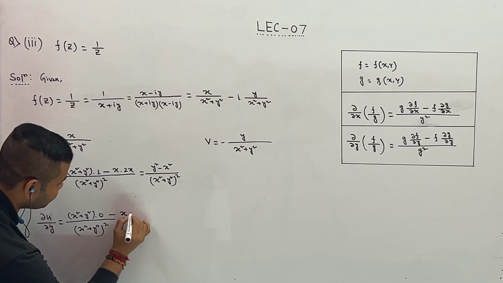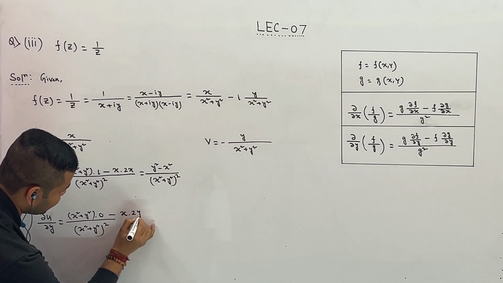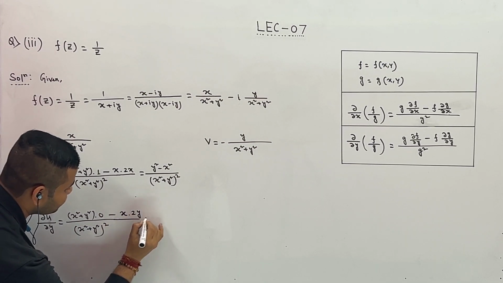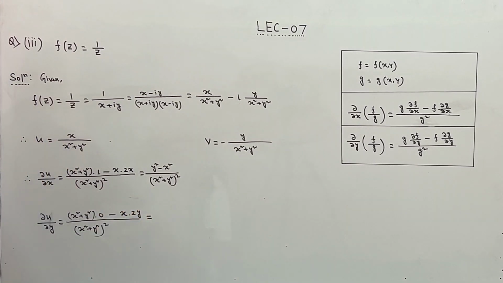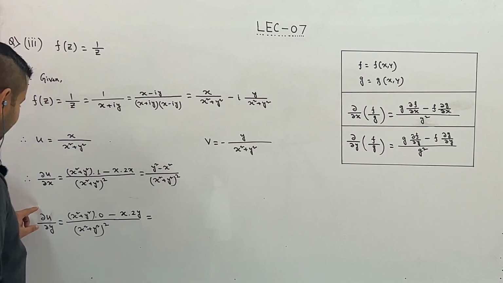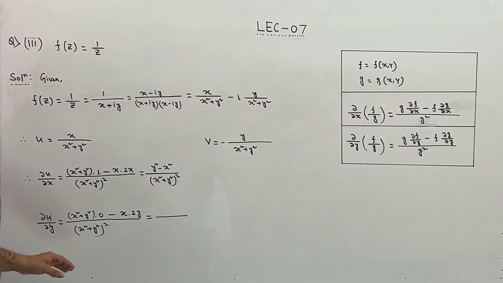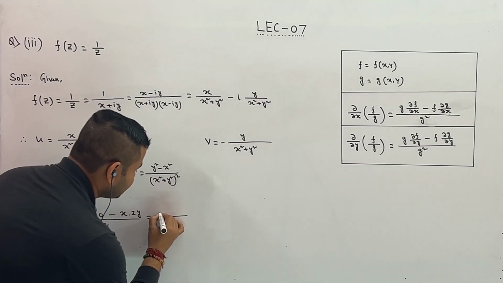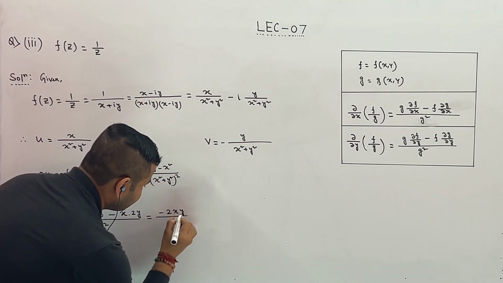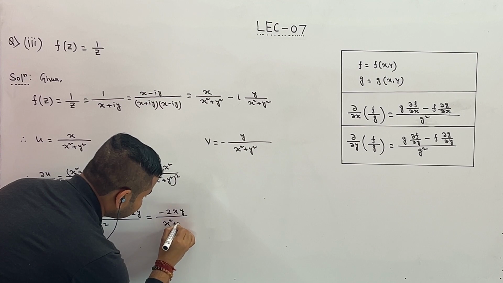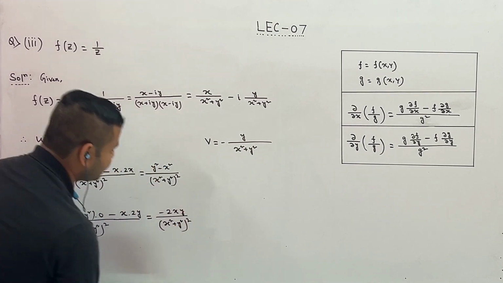After simplifying we will get twice y. Next, let us further simplify. If we simplify, we will get del u by del y as minus twice xy divided by x square plus y square whole square.